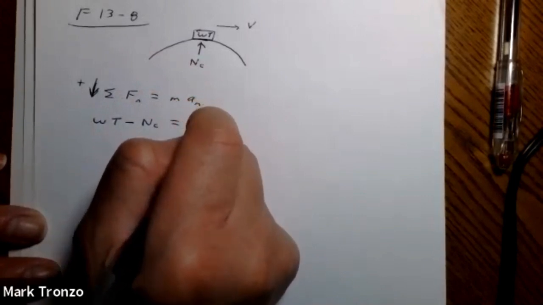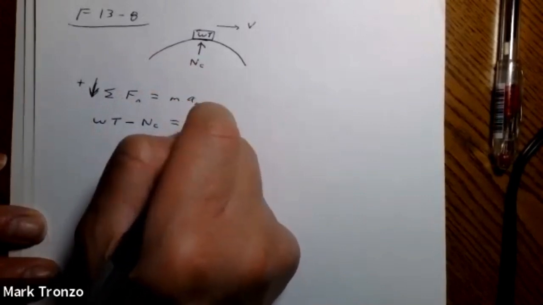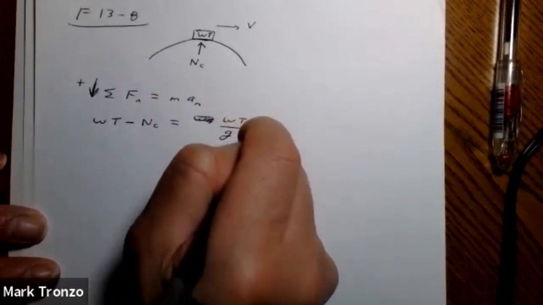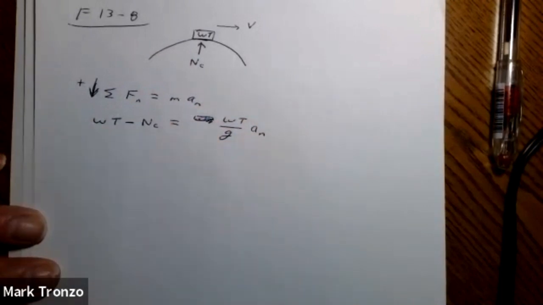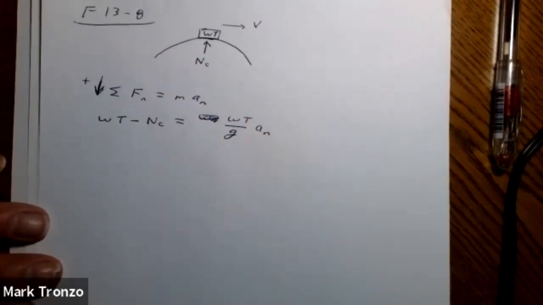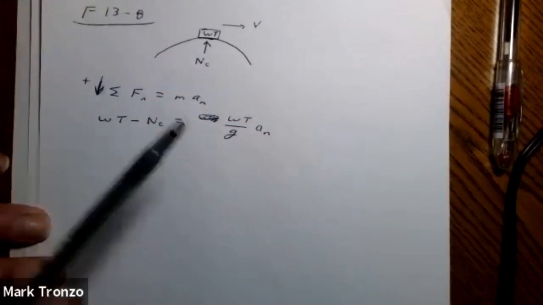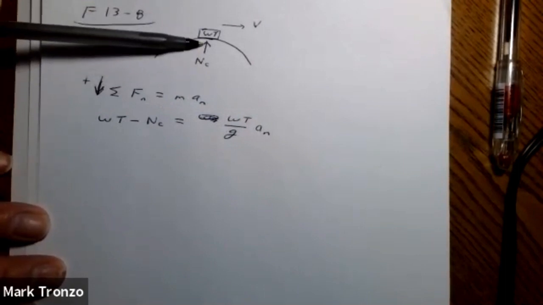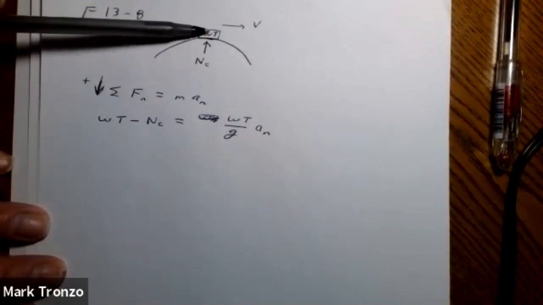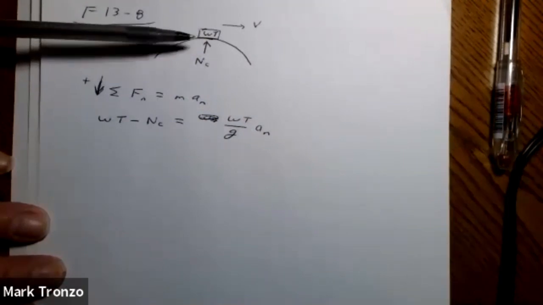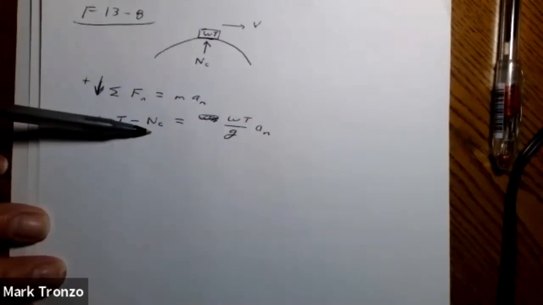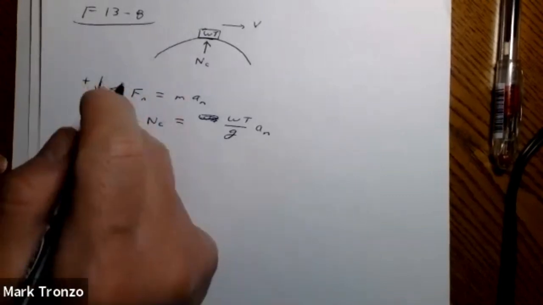Remember, if you're dealing with weight, mass is going to be weight divided by gravity, times the normal acceleration. And if you have something moving like this and you have a force up here, as long as this force is positive, the car will stay on the road. The car will leave the road at the point when NC is 0.